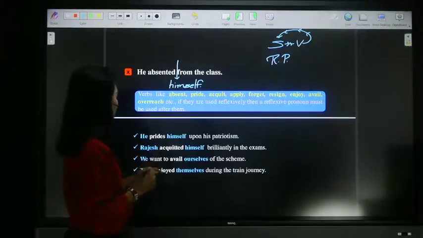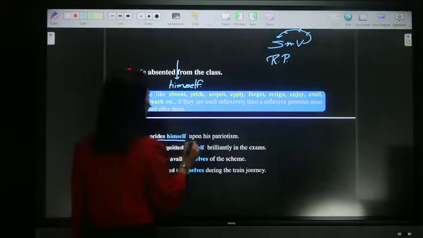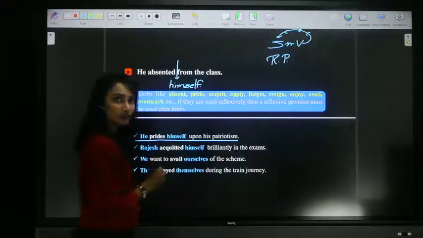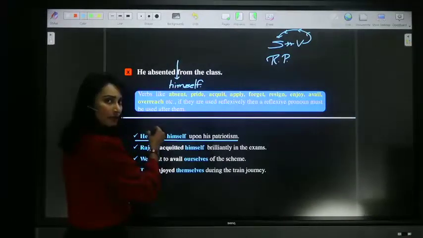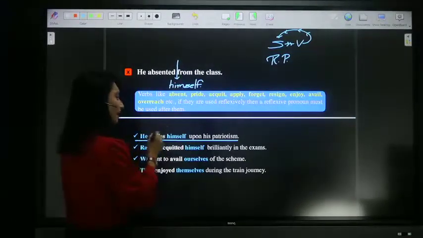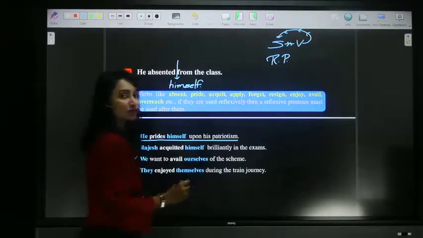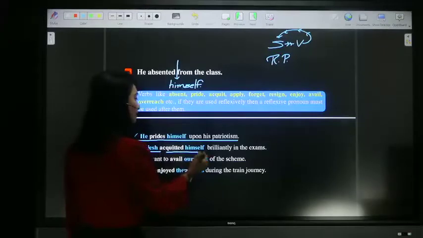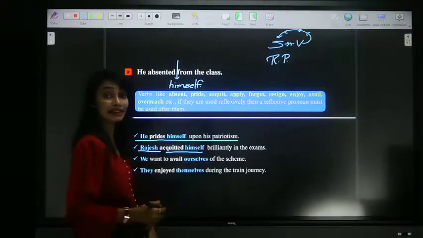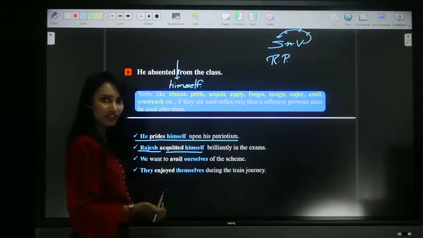Now look at some more examples. He prides himself upon his patriotism. So here you can see who prides? He. Whom did he pride? Himself. So he prides himself upon his patriotism. Next, Rajesh acquitted himself brilliantly in the exams. Who acquitted? Rajesh.